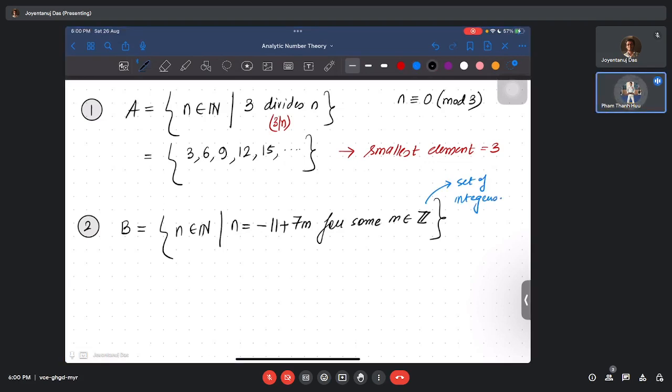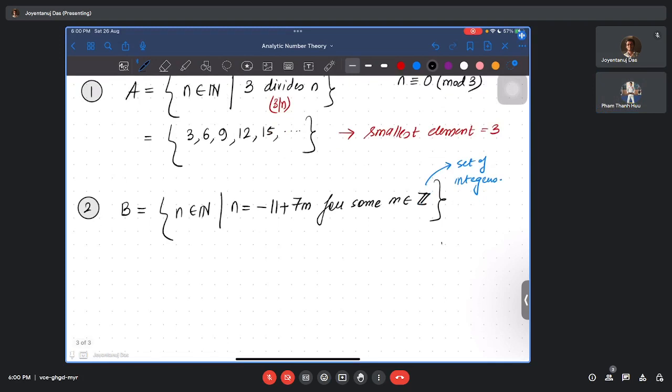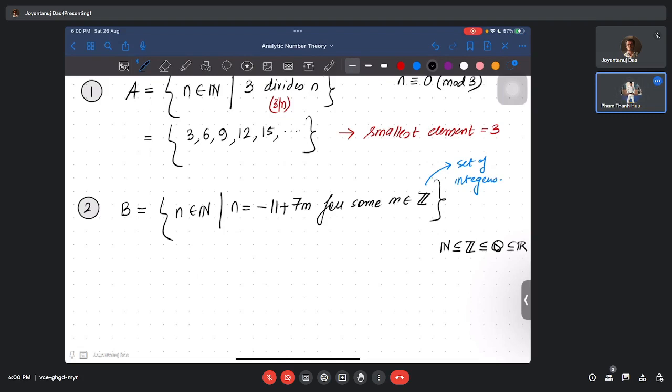The next is what? Real numbers. R is the set of real numbers, which include the rationals Q plus something else, because some numbers we cannot write in a notation such as 3/2.